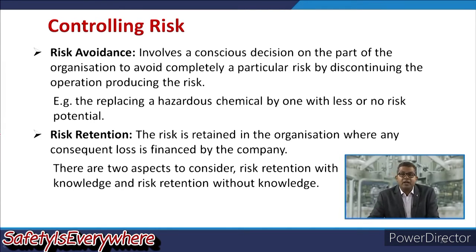One example is replacing the hazardous chemical by one with less or no risk potential. Sometimes you need to perform certain optimization, because if you are using less hazardous chemicals, sometimes you are compromising on the yield, the conversion, the reaction kinetics, etc.